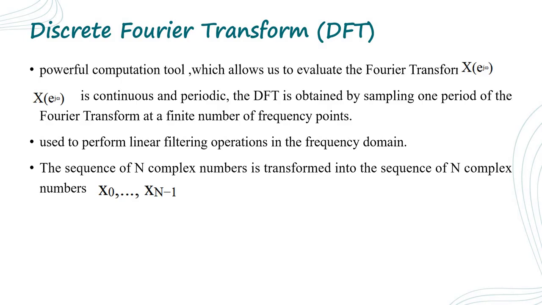The sequence of N complex numbers from x(0) to x(N-1) is transformed into a sequence of N complex numbers again, from X(0) to X(N-1), by the DFT according to the formula X(k) equals summation n equals 0 to N minus 1 of x(n) e^(-j 2π/N · k n), where k ranges from 0 to N minus 1.